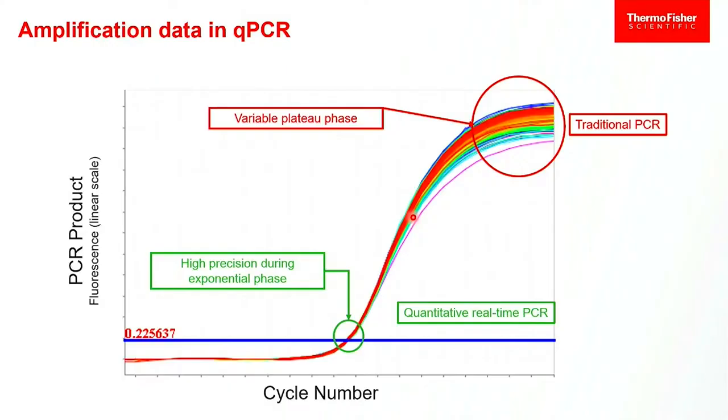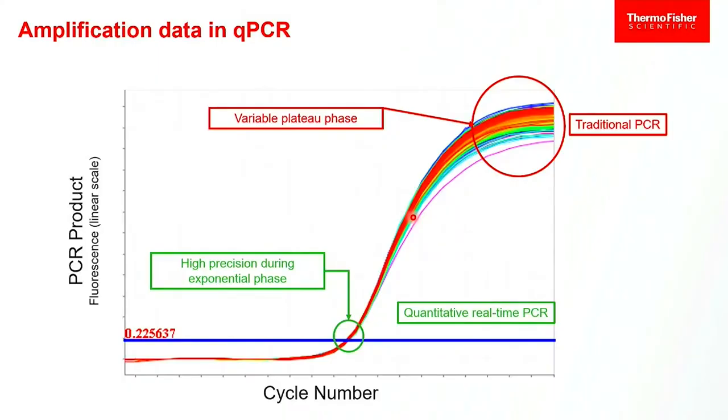So the question is, why? Well, usually it means that we're starting to run out of something. We're starting to run out of one of the reagents in our reaction. What can that be? That can be our NTPs. It's usually our enzyme, or not our enzyme, our primers. And we can actually utilize that for some different techniques.